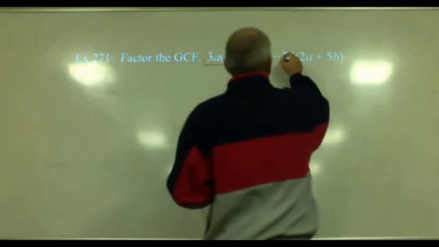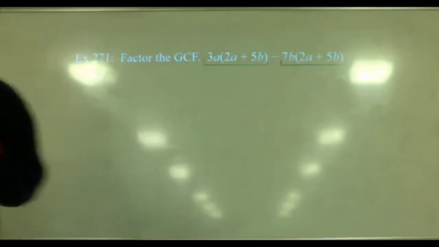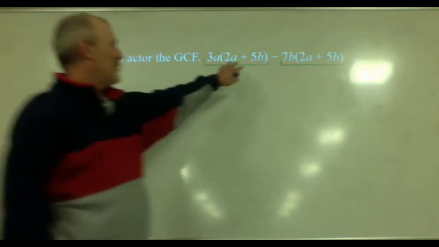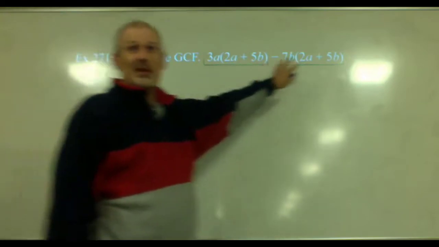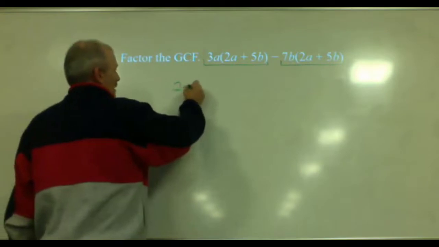This whole thing is multiplied together. That's another big term. Do we see that? What do both of those terms have in them? 2a plus 5. Do you see how they both have in parentheses a 2a plus 5b? So we can actually factor out a 2a plus 5b.